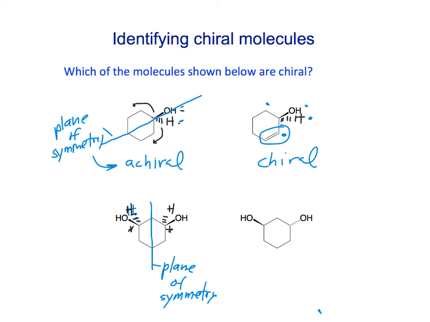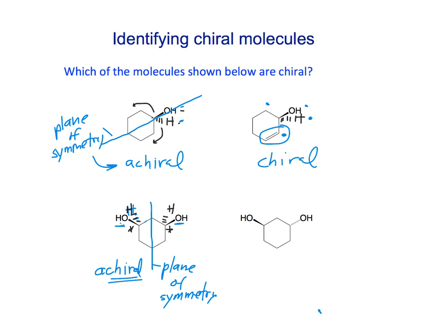This OH, if that was a mirror, if it reflected into the mirror, it would see this OH over here. So because this has a plane of symmetry, this molecule is achiral, even though it has stereogenic centers.